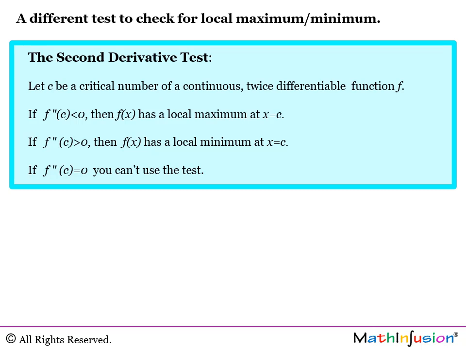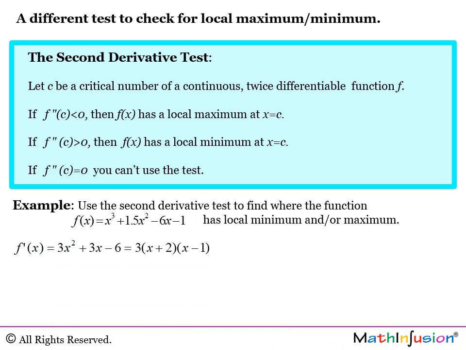If the second derivative when x equals c is positive, then the function has a local minimum at x equals c. If the second derivative at x equals c is 0, you cannot use the test. It's inconclusive and you have to use another test. The other test will be the first derivative test because there are only two tests to check for local minimum and maximum.